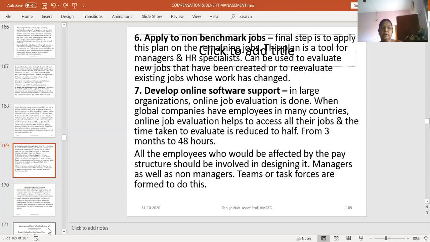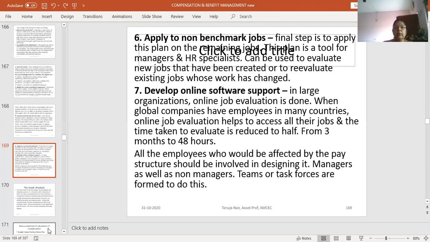That is what today's large organizations, global companies, where employees are working from different countries, need, because you cannot do offline job evaluation. So you have to do online job evaluation with the help of computers and software. Then the job evaluation process gets done very fast.